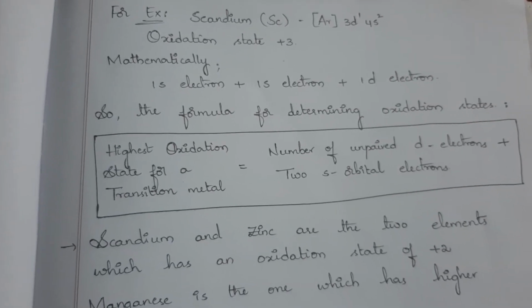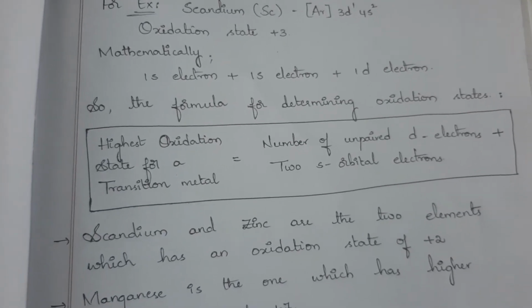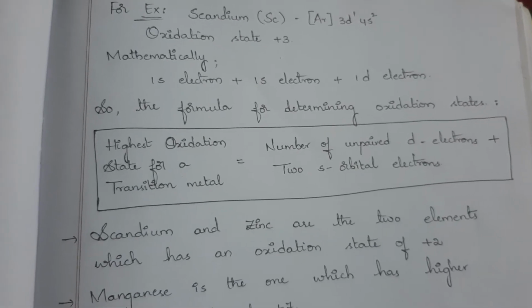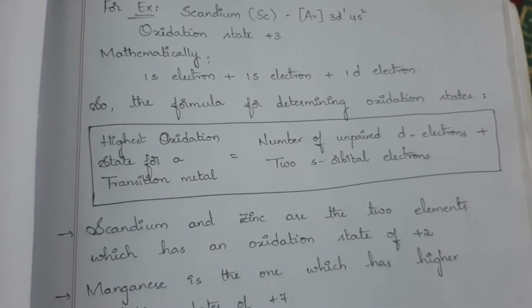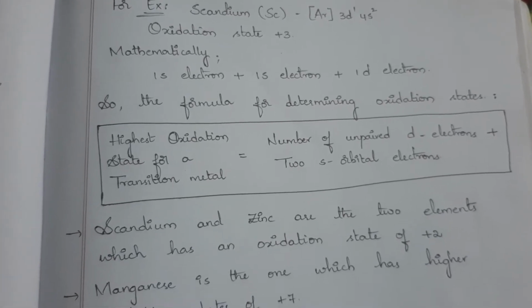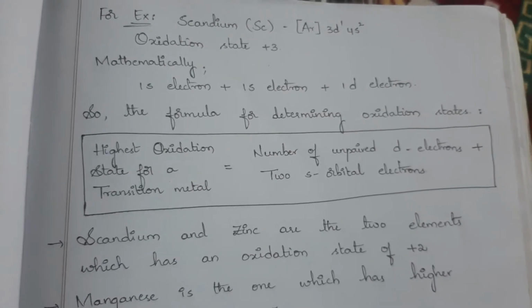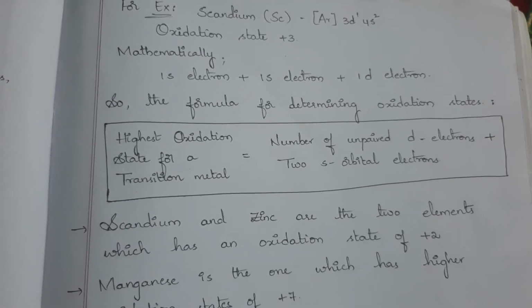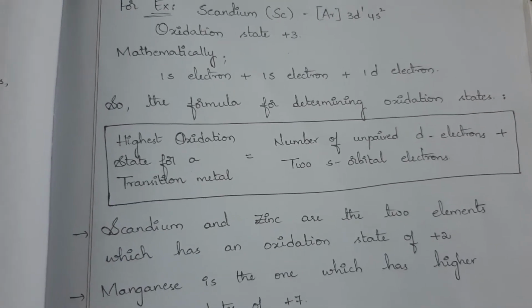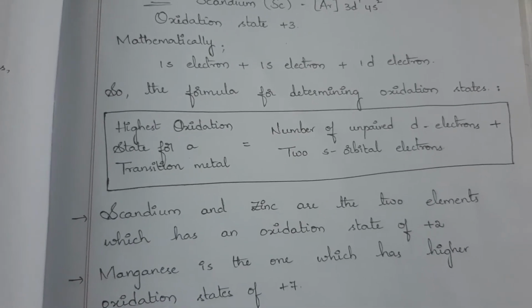So mathematically it looks like 1 s electron plus 1 s electron plus 1 d electron. The formula for determining oxidation states is like this: the highest oxidation state for a transition metal is equal to the number of unpaired d electrons plus 2 s orbital electrons.